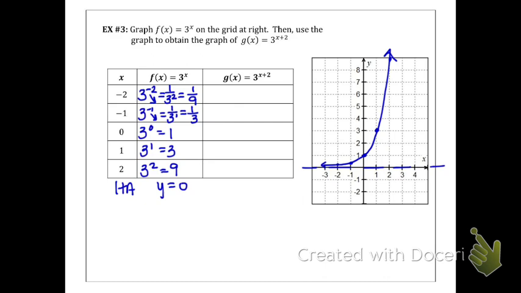Then our g of x equals 3 to the x plus 2. So we know that x plus 2 just means that we're going to take our x's and we're actually going to subtract 2 because we're going to the left 2. So I'm just going to rewrite my ordered pairs here. So I'm going to take all my x's and subtract 2.